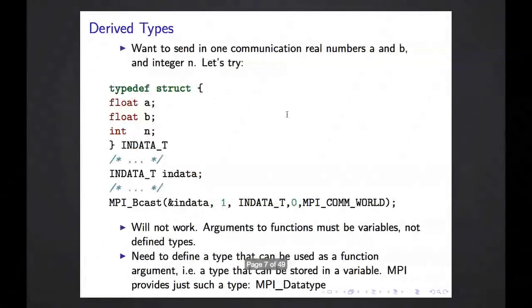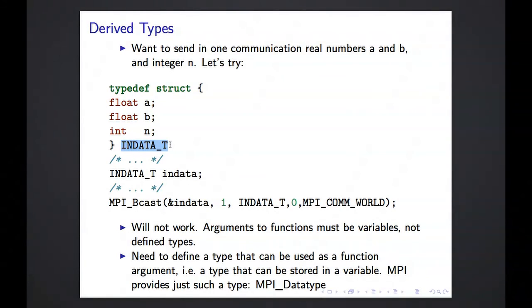But what happens if you want to send a more complicated data structure? Let's look at an example here. This isn't a very complicated data structure. It consists only of floating point numbers A and B, and an integer n, and we group this in a single data structure. We call it ndata_t.